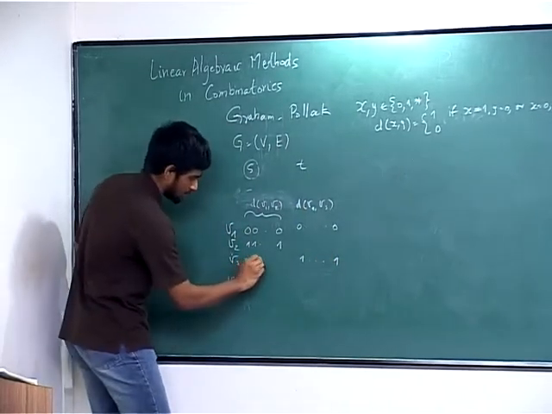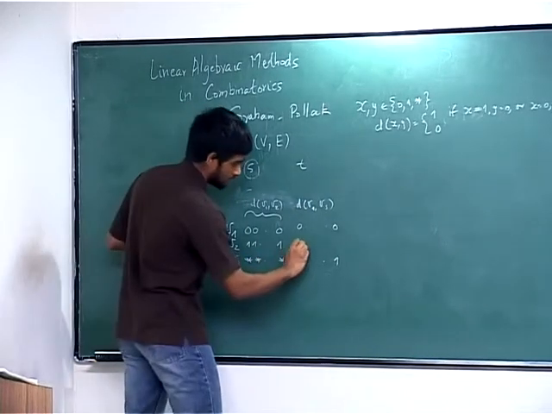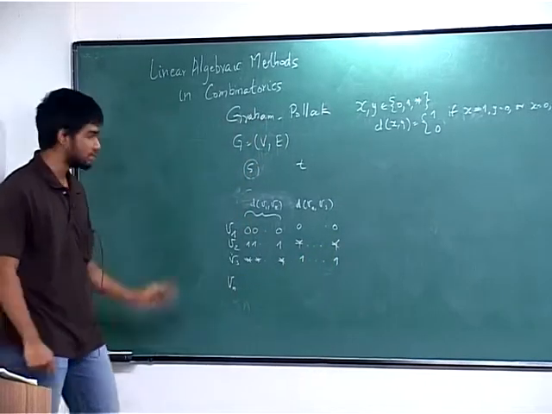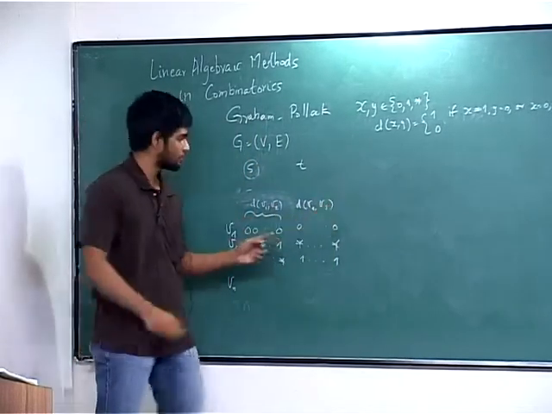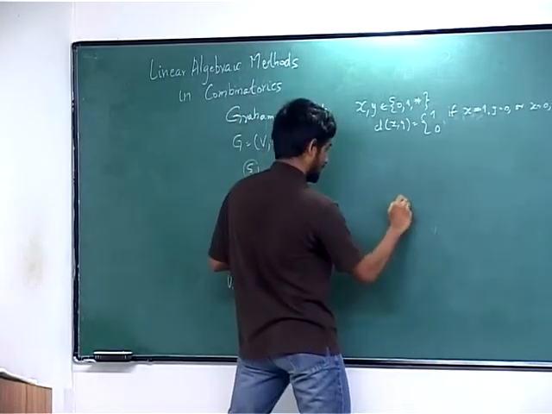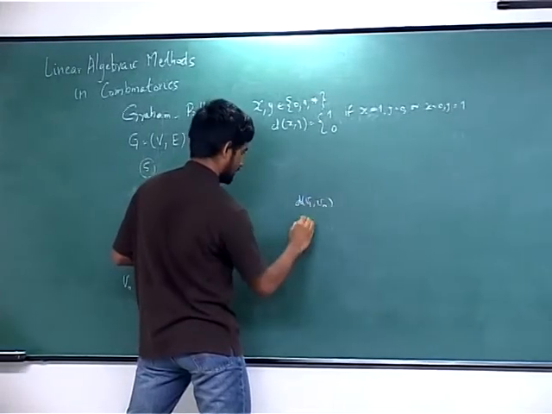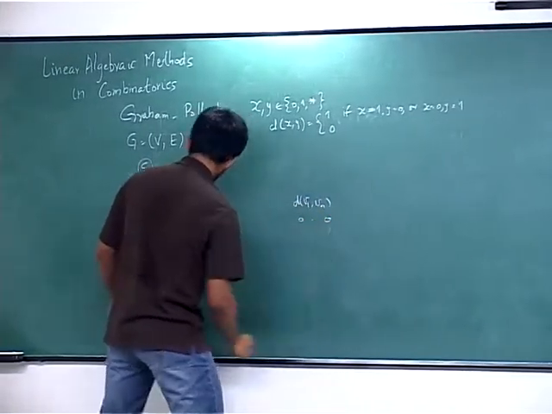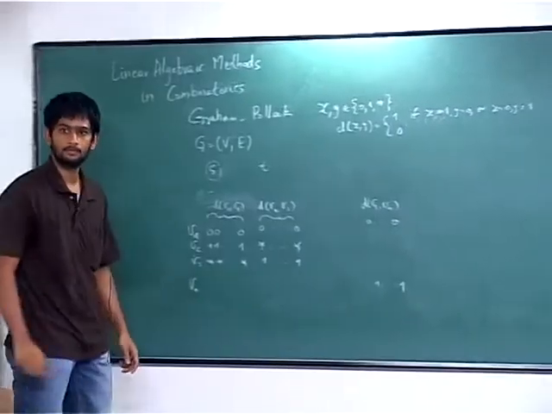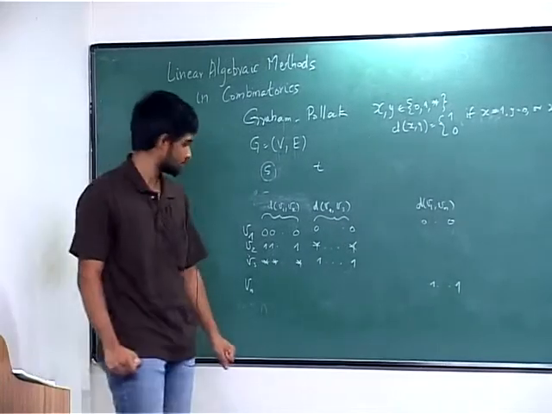These values I'll put as star, okay. So this is going to be my vector. So I do this for each of these vectors. I do it till the distance V1 to Vn. Again I put all zeros here and corresponding to Vn I put all ones, okay.